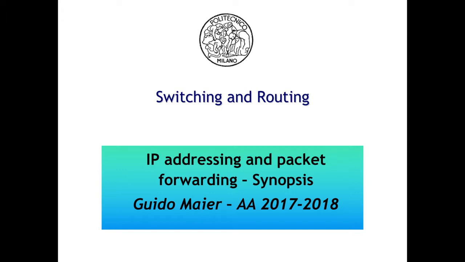And here we need to understand or review what happens to an IP packet when it is received by a router and it is forwarded towards the destination. So we will look at the routing and forwarding process.